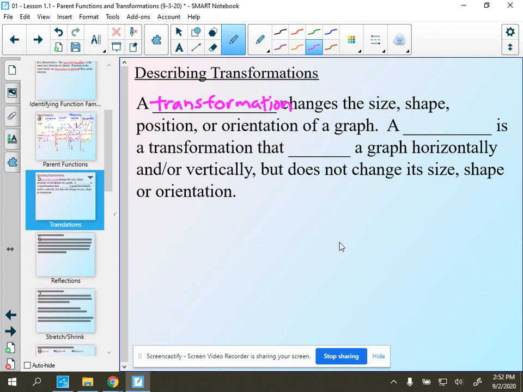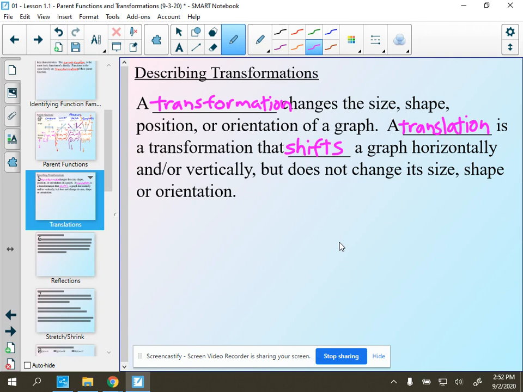That slide is actually a translation. A translation is kind of the official term that we would use for sliding, or a shift that shifts a graph horizontally, vertically, or both.